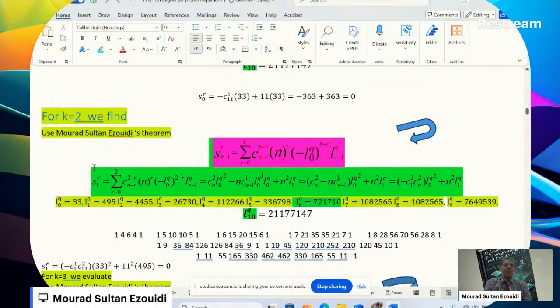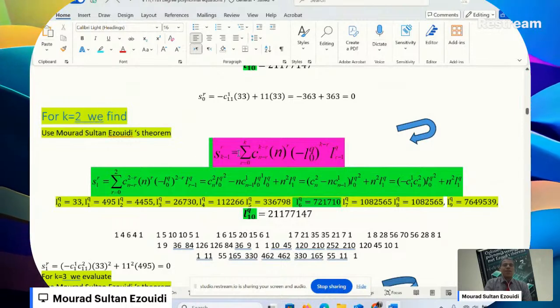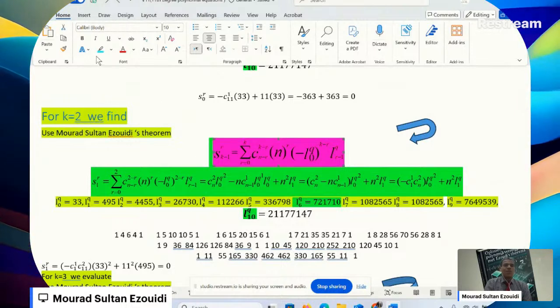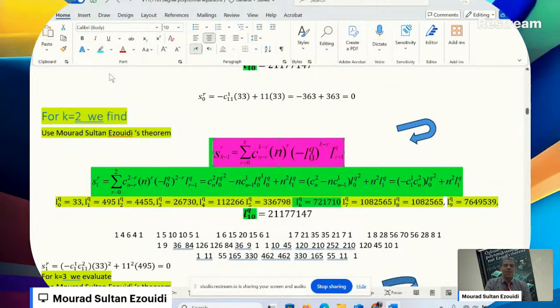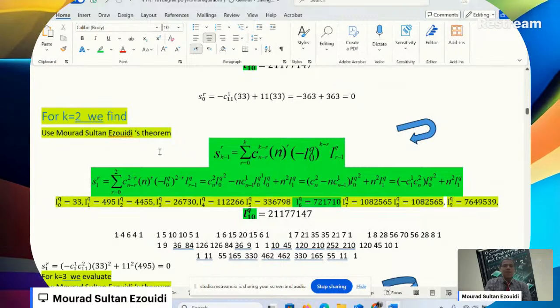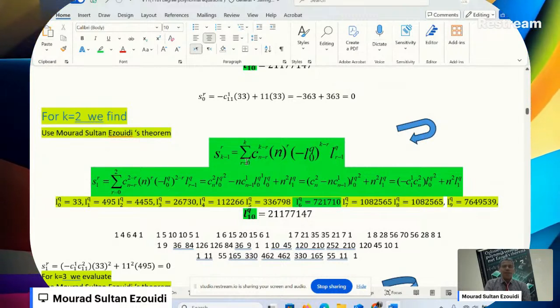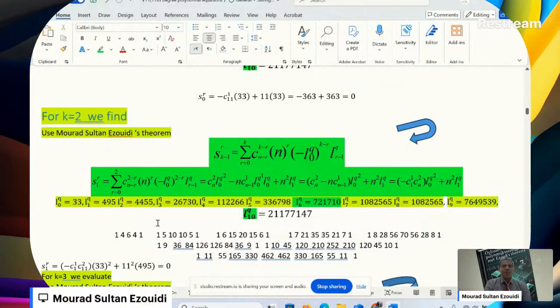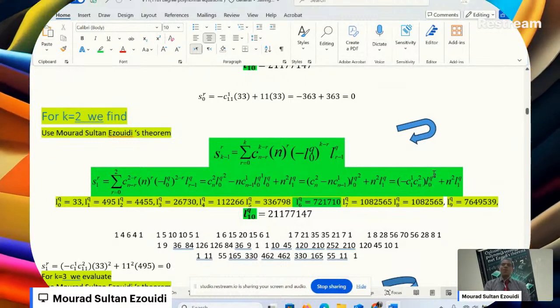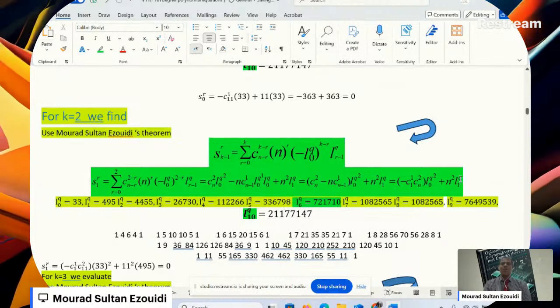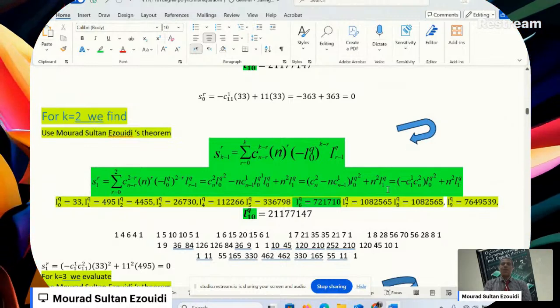We move to the next value, the second coefficient of my new 11-degree equation. I want to find S1. To find S1, just set k equal to 2 in the formula of Mourad Sultan Ezouidi, and everything will be clear. Now S1 is going to be equal to negative combination of 2 and 0 squared plus n squared times L1.